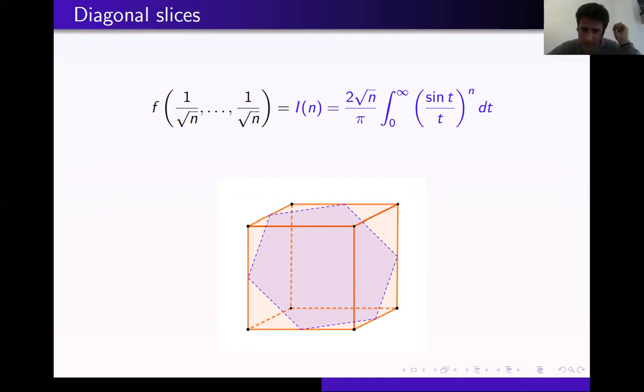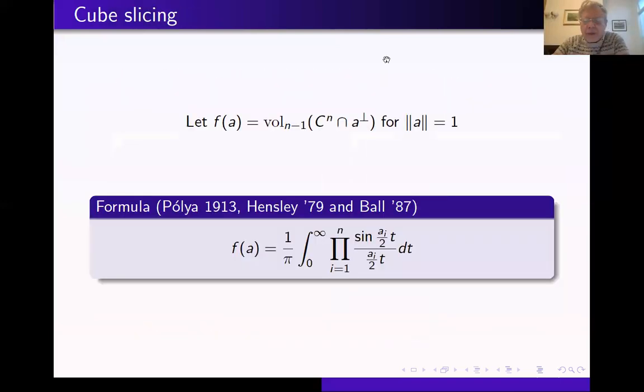I'd say no. So it's very important then that you are taking the intersection of the hypercube with the hyperplane which goes through its center rather than any other point. Exactly, yes. It's through the origin. When I mentioned this, I really meant sections through the origin.